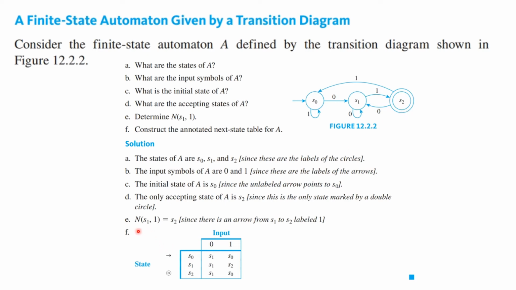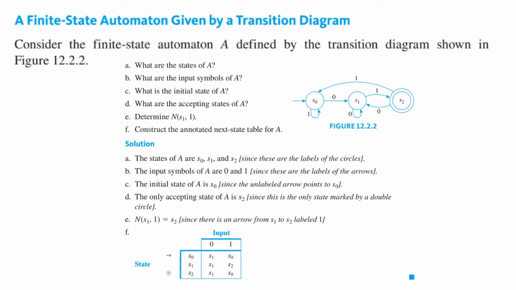And the transition diagram says if you're in S1 and the input is a 1, you go to S2. And if you wanted to build an annotated next state table, you do this. Notice you put the initial state, the final state, and then you show where the transitions happen. And so this represents that.